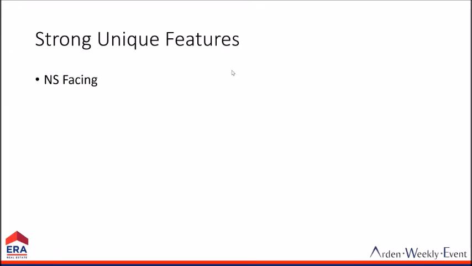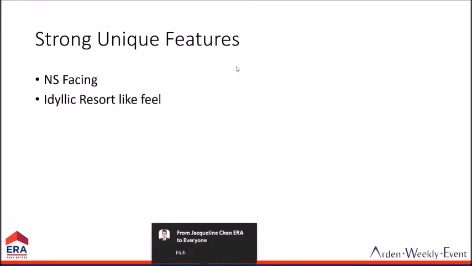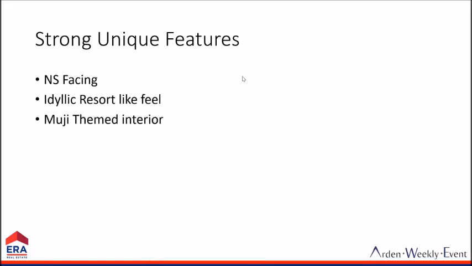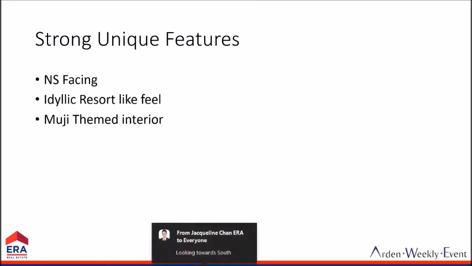North-south facing, all right? Other than that, this is one of the most idyllic, resort-like feels. You've seen the Muji theme interior, the whole Muji theme interior, the waking up to morning. When you move in here, every day you wake up, the whole entire feeling of morning just fills you up so much that you don't feel like going to work.